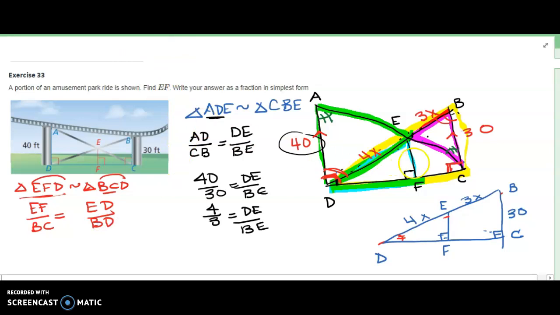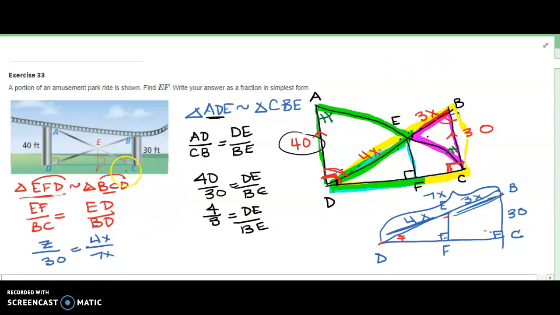Okay. All right, so let's look. EF, I don't know. Let's call it Z. Z over BC is 30 equals, well, ED I know is 4x, equals, well, guys, BD, if this piece is 4x, this piece is 3x, this whole thing is 7x.